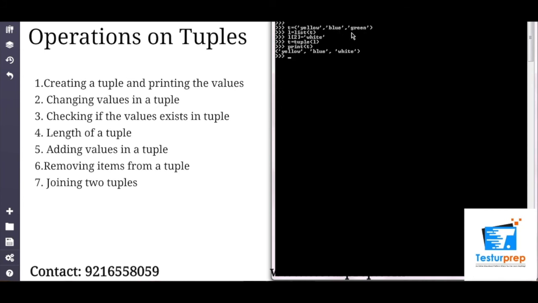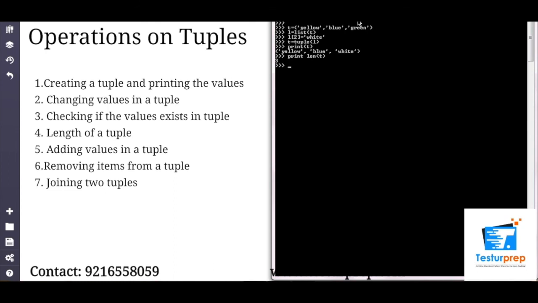Now let's check what is the length of our tuple and how do we do that. Again, the same keyword, that is len, will be used. So print len t, and we get 3 as our answer because we have 3 elements in it.